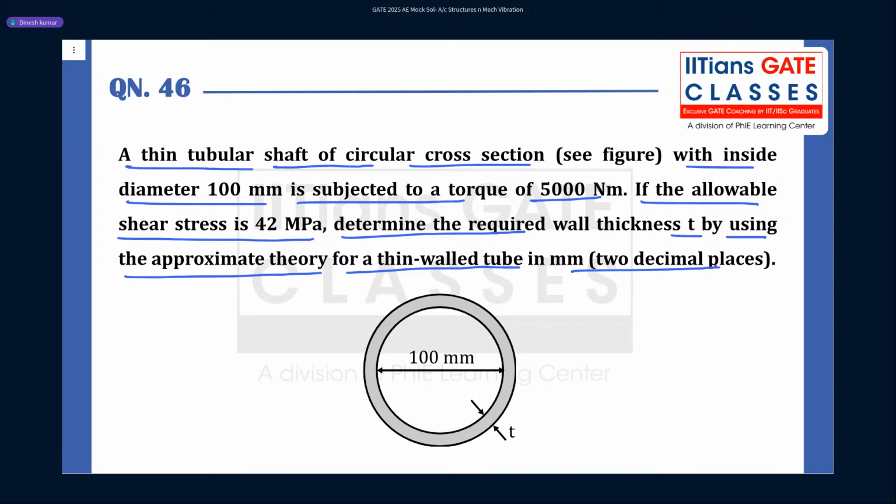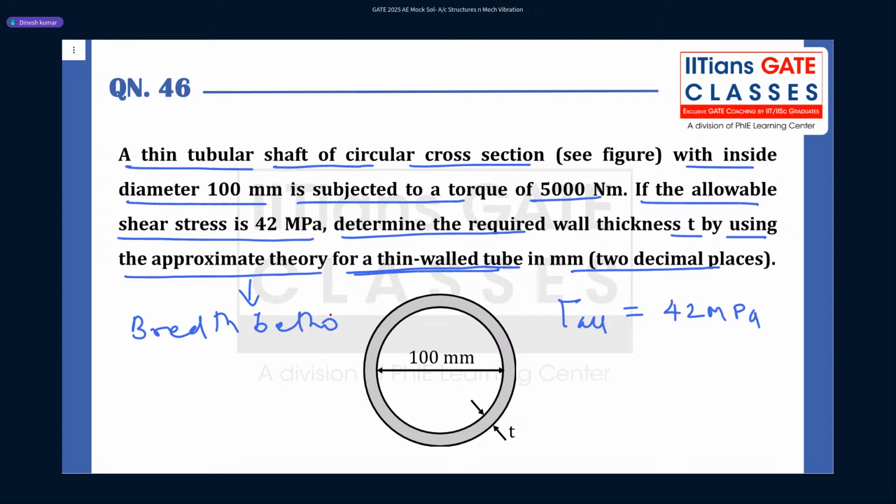So guys, what is given in this question? Tau allowable is given, which is 42 megapascal. And we know the approximate theory for thin wall tube is known as Bredt-Batho theory.